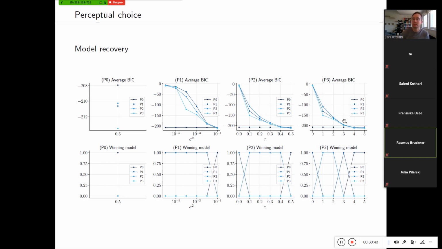And then the thing that takes the most time in terms of running these analyses is model recovery, because there you analyze data generated from each model with all other models.